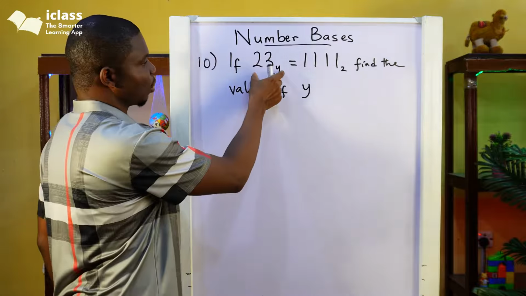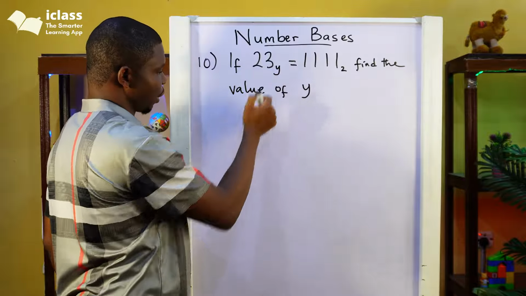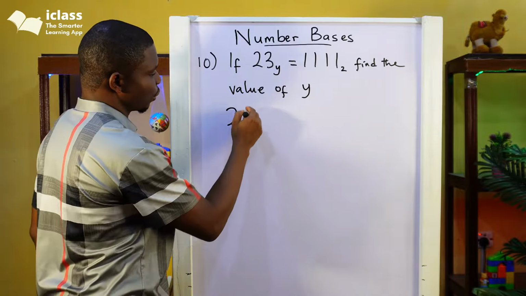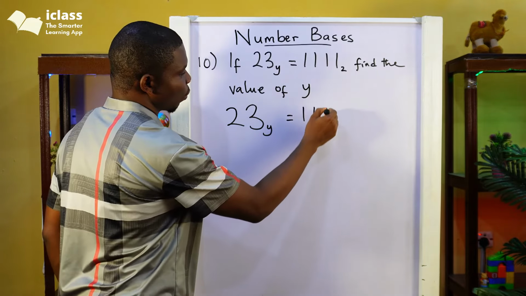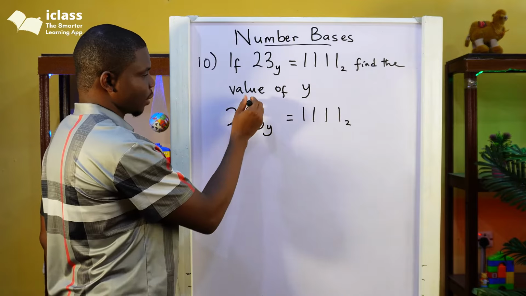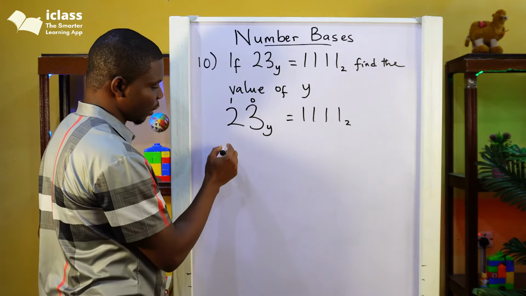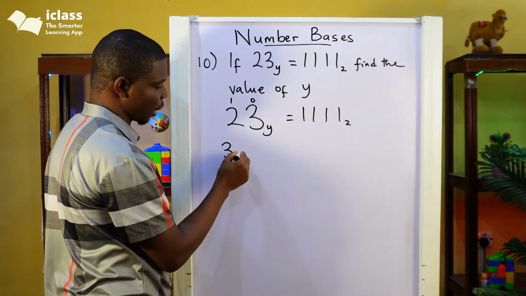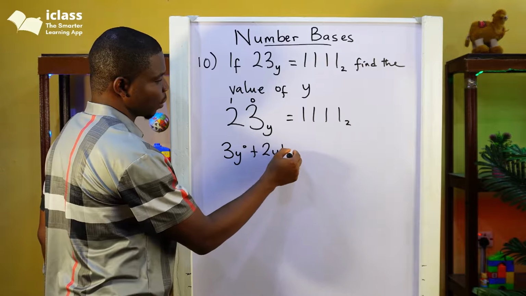We'll convert all the bases to base 10, both the known and the unknown, okay? So 23 base y equals 1111 base 2. Converting this to base 10, I will label the digits: 3 times y raised to power 0, that will give us 3y^0 plus 2y^1.